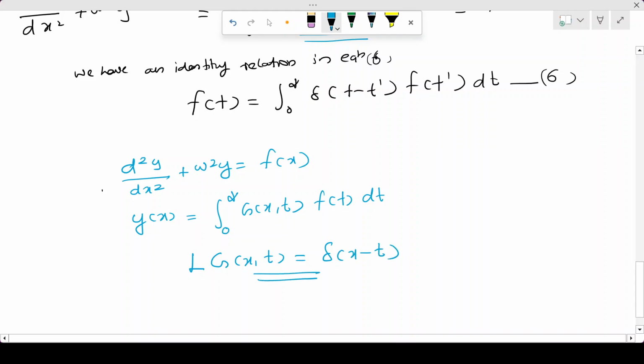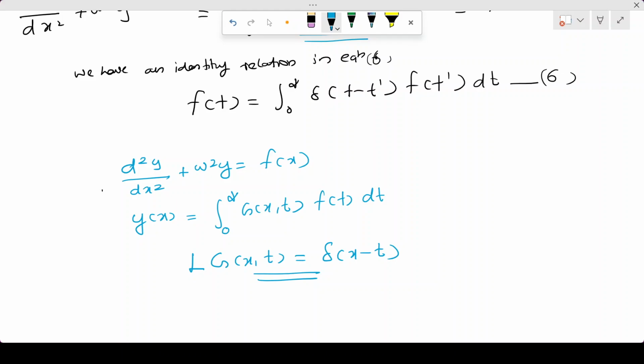So this is one of the properties of Green's function as well. Okay, and this is a possible solution. So if you know the Green's function, you can substitute that into the integral equation, and you can actually get the corresponding solution of a non-homogeneous differential equation. So that is the point here.